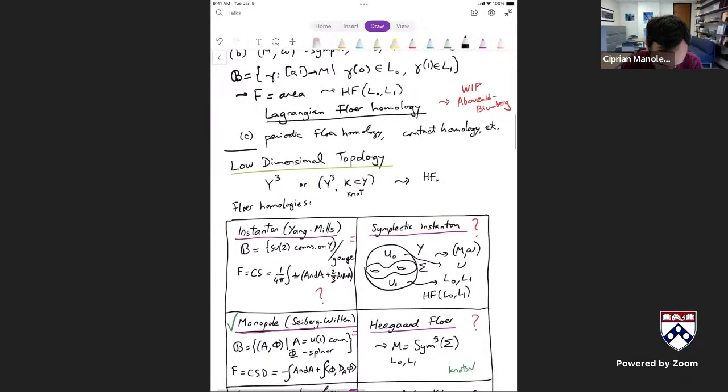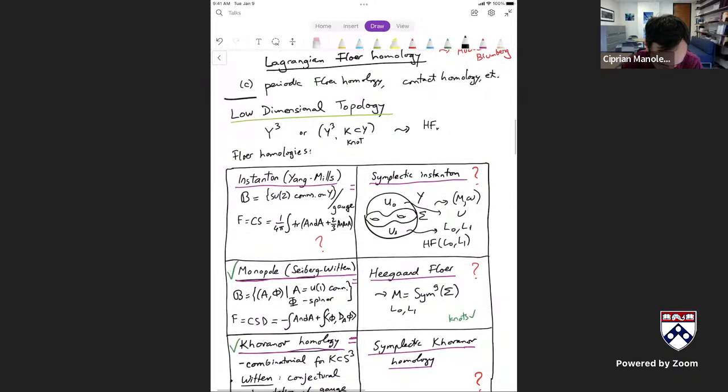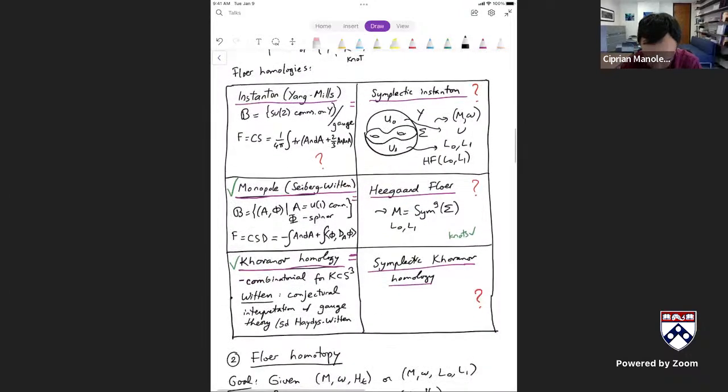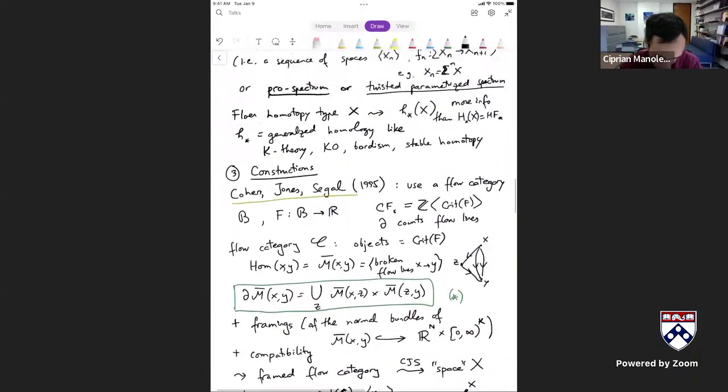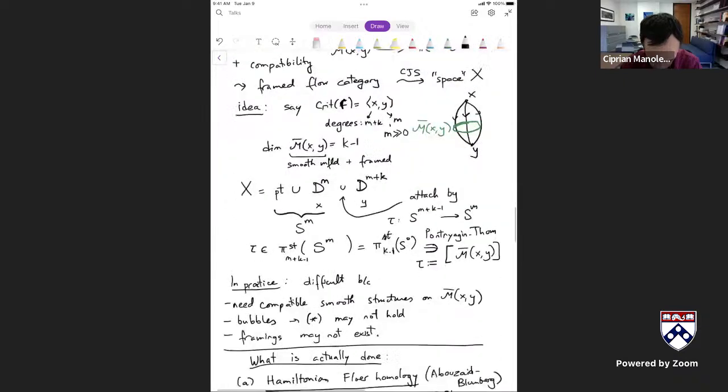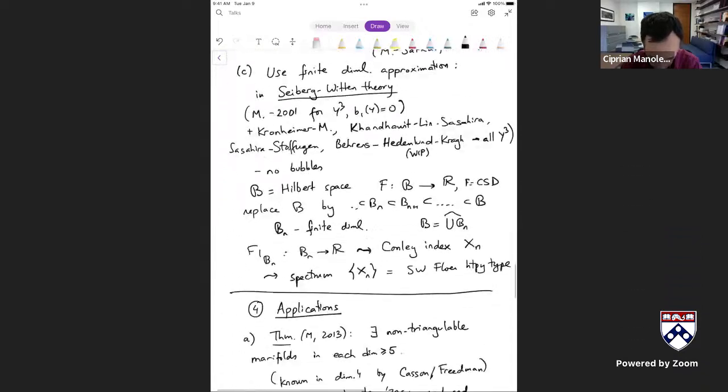I think we should have the tools to define an instanton Floer homotopy, but it will still have the issue of bubbles, so you will only have the complex-oriented theories. And I'm working with Abouzaid on Heegaard Floer homotopy for 3-manifolds rather than knots. And there are people exploring the applications of these theories.